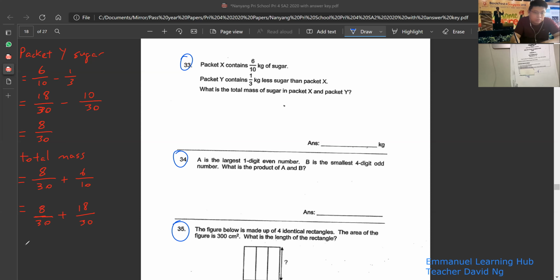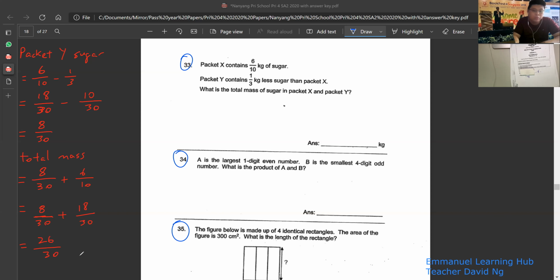Then after that, what's the final answer? 26/30. Do you think you should write 26/30 as the final answer?